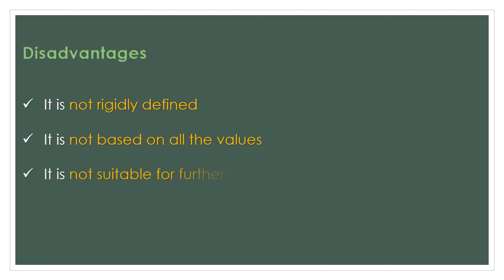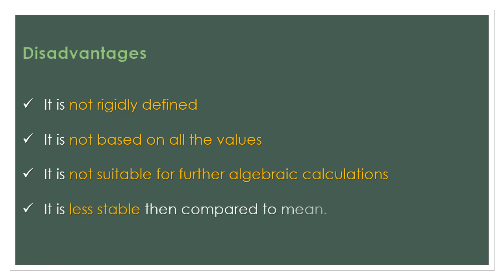It is not suitable for further algebraic calculations. That means using the median we cannot calculate further. That's the end. After the median nothing comes. It is less stable compared to the mean. So these are the disadvantages of the median, and I hope you understood what the median actually is.